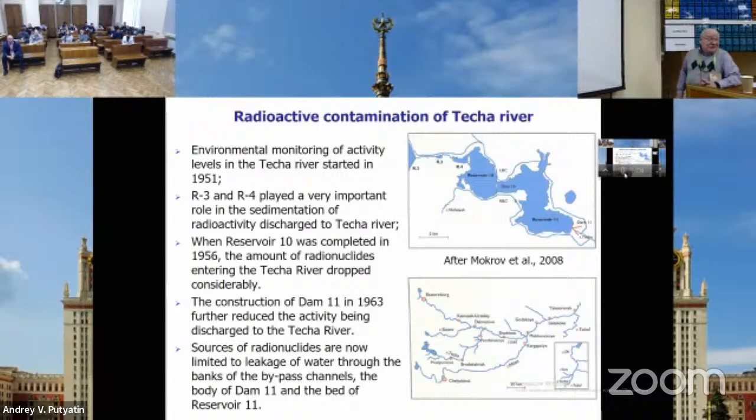But it was still not enough to prevent radionuclide migration through the Techa River. So in 1963, another reservoir was created. Dam 11 was constructed over here. And now we have two big reservoirs which serve as traps for radionuclides which were discharged into the Techa River in the 50s years.